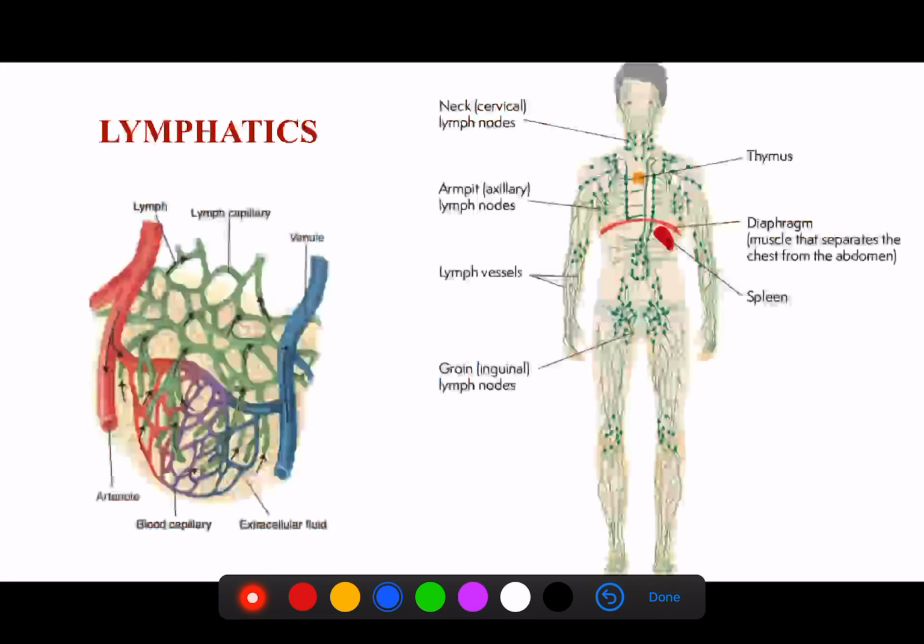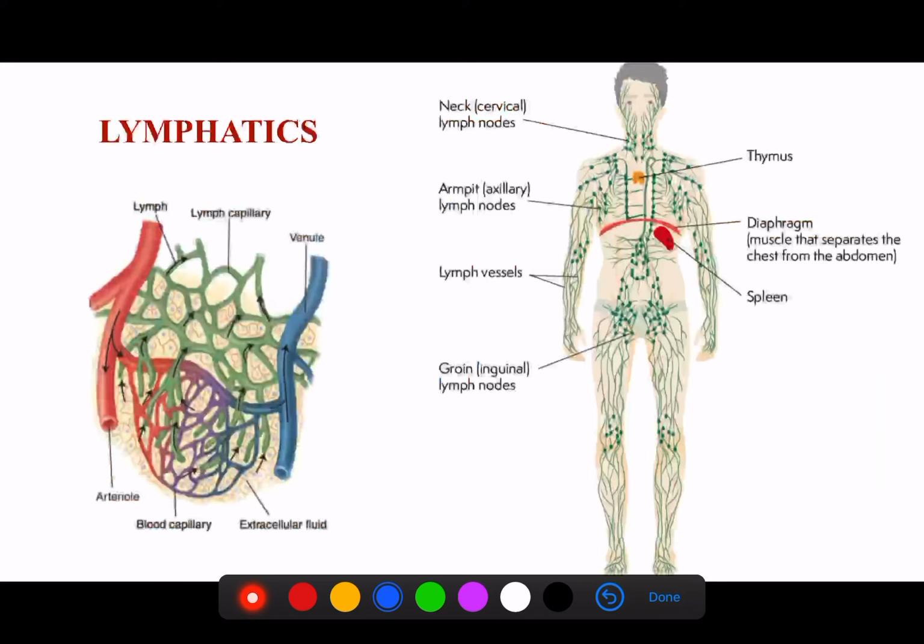At last, we will talk about the lymphatic vessel. The lymphatic vessel, as we know from anatomy, is a structure near the blood vessel. Its main function is to collect the extra fluid, the waste products of the cell, any leakage fluid, and help maintain hydrostatic and oncotic pressure within the tissue and extracellular matrix.